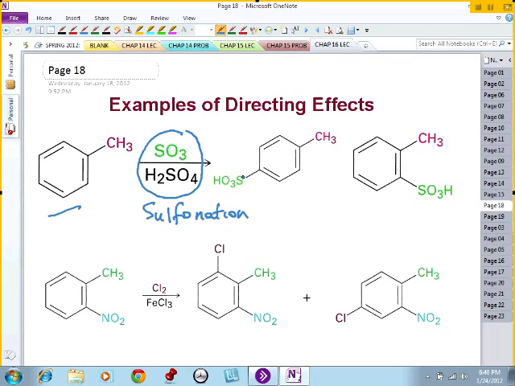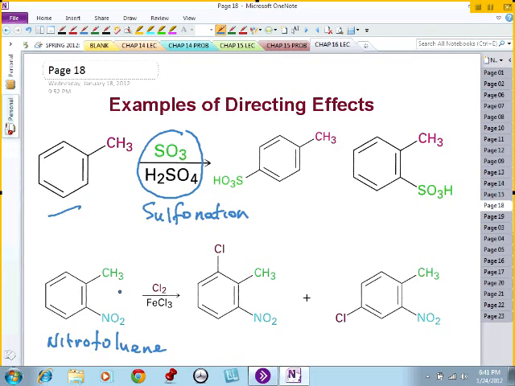Okay, you see, it goes to the para position and the ortho position. Now, in this case, here we have chlorination on toluene.